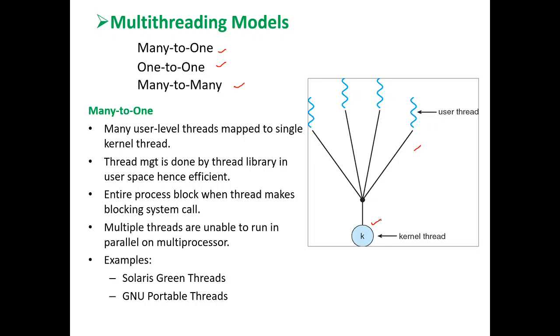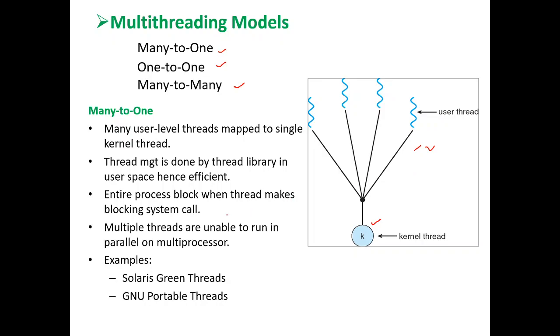So here the thread management is done by the thread library in user space. Whatever threads we have to manage are managed in the user space, and due to this it is efficient.